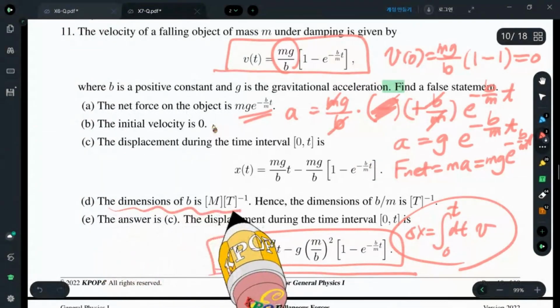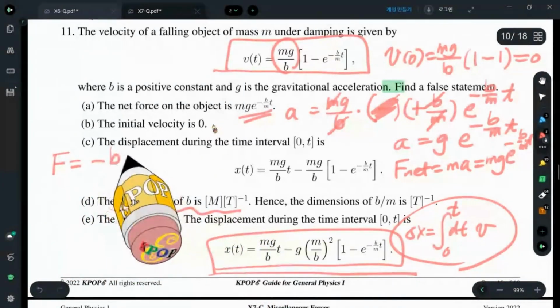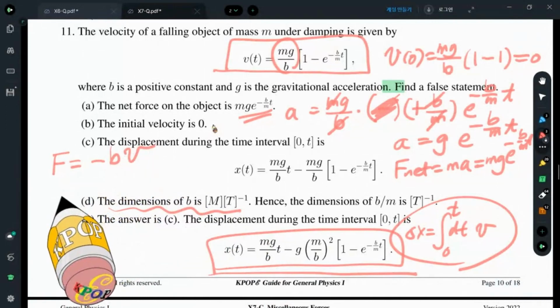Dimensions of b. We remember F equals minus bv, right?